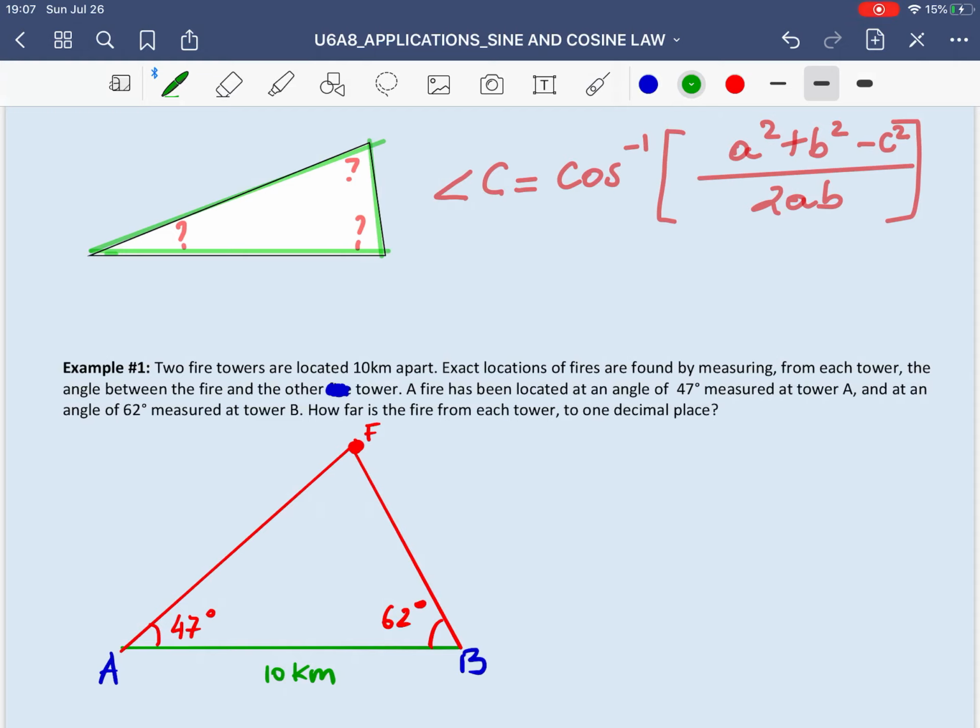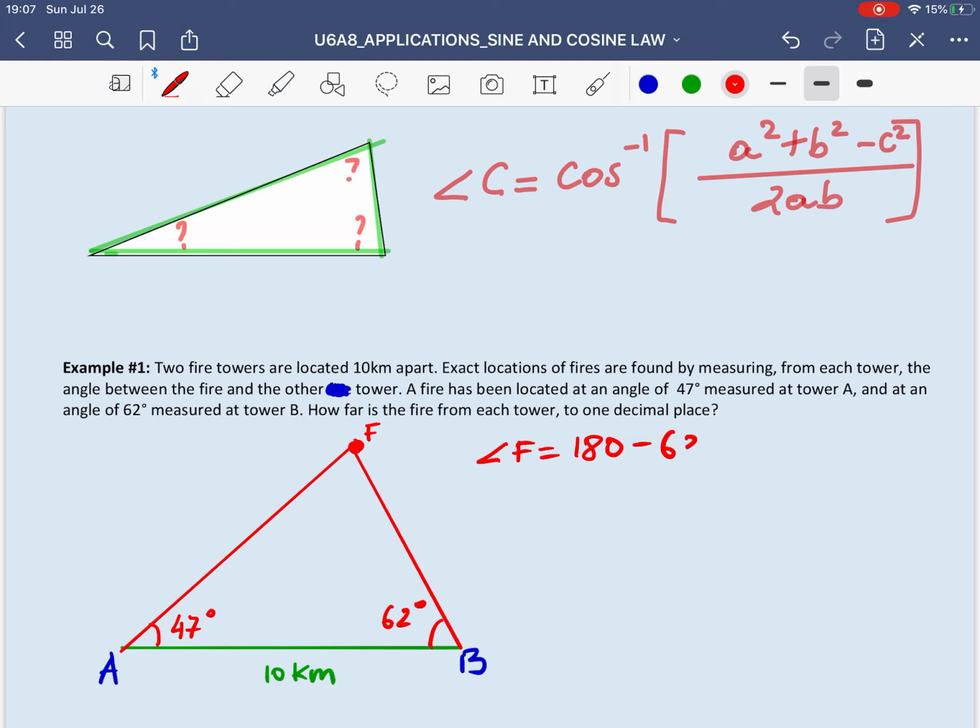I'm also given two angles in a triangle, and whenever I'm given the chance, I will find the third angle if possible. That seems to be the case here because we have two angles, and we can simply find angle F by using the sum of the angles in a triangle theorem.